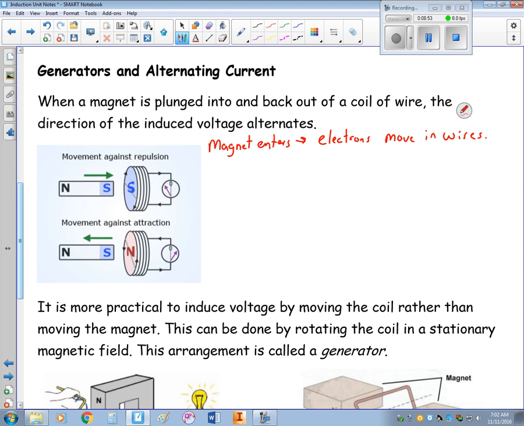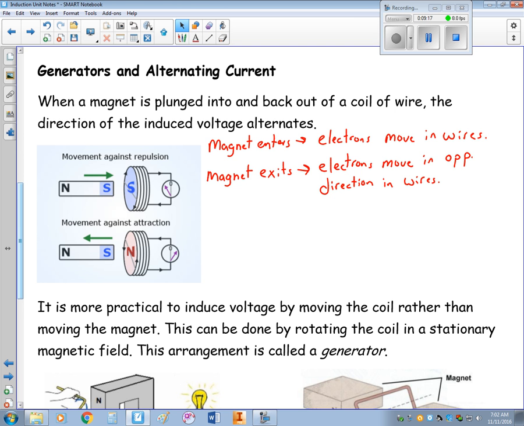So when the magnet exits, those electrons will move in an opposite direction.